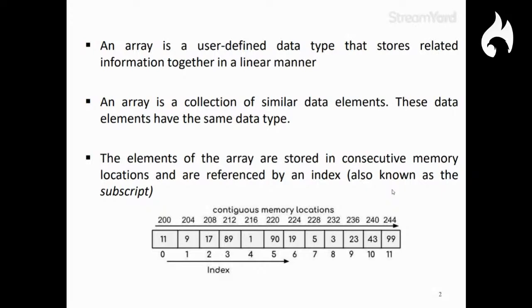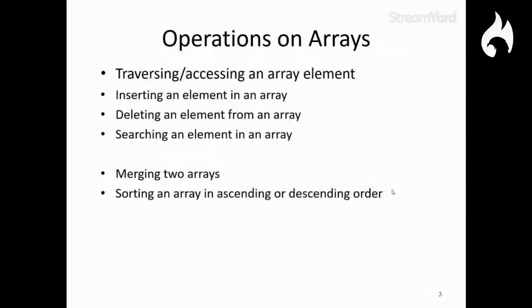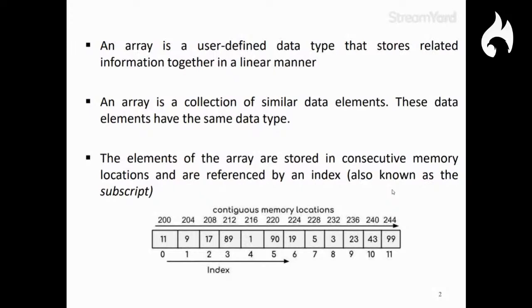The elements of the array are stored in consecutive memory locations, where the first index and the second index are not in two different memory locations. They are basically one after another, which is called contiguous memory allocation for an array. So the main point about the array is it stores similar data types, and it needs a contiguous memory allocation.